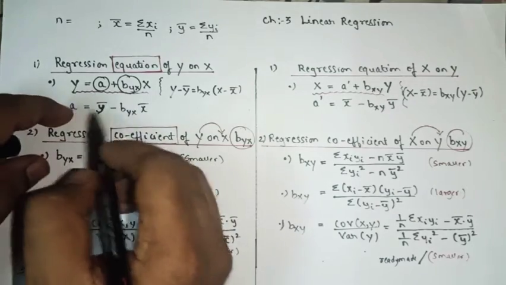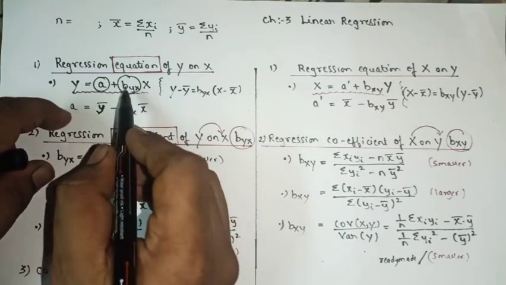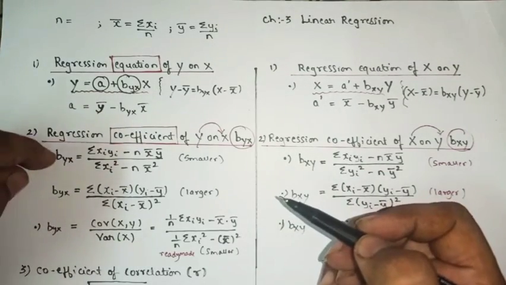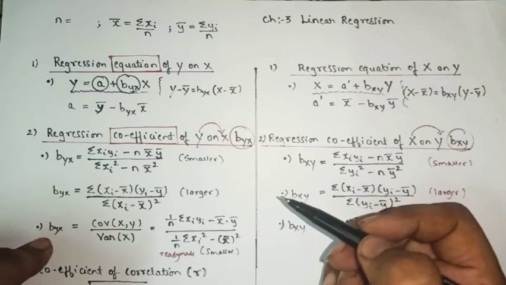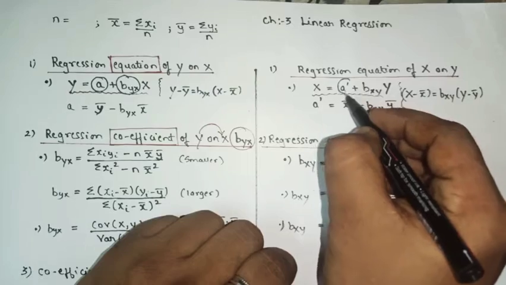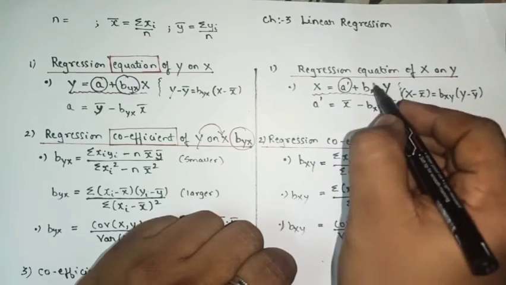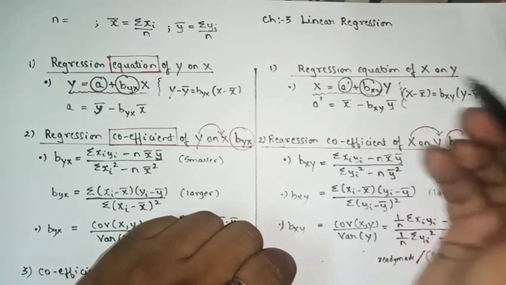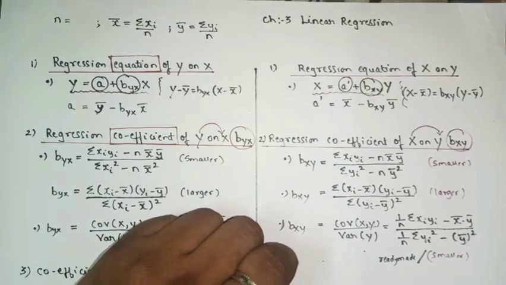To find a we have one formula. To find byx we have three formulas. Here also it is the same: first we'll find a dash, after that we'll find bxy. For bxy there are three formulas.